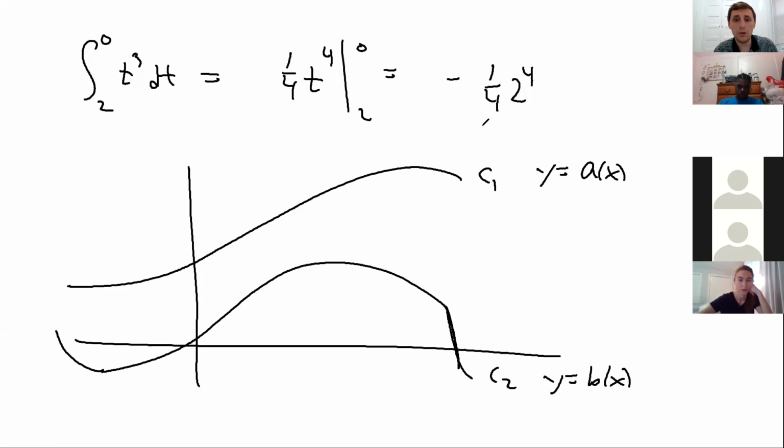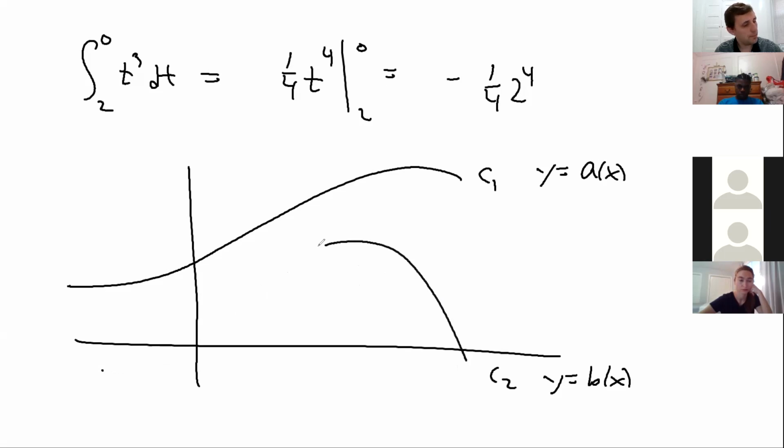Let me maybe even draw you a better drawing here, so that the answer is more obvious to you. Do those curves have the same derivative everywhere? Maybe somewhere they do, but my question is, do they have the same derivative everywhere?